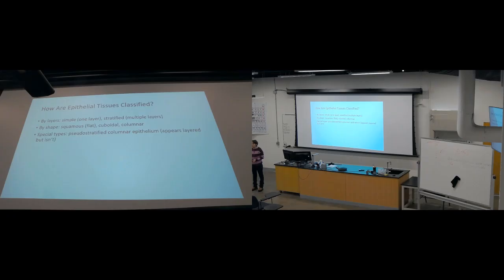Urinary bladder, if it's full, your epithelium is going to squish, so it's going to be squamous. And then once you empty it, it's going to be square-like, cuboidal. And then pseudostratified is falsely stratified. So it has only one layer, but it looks like more than one.